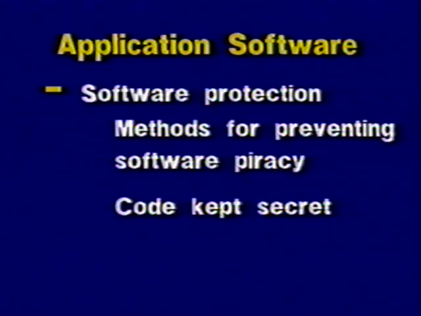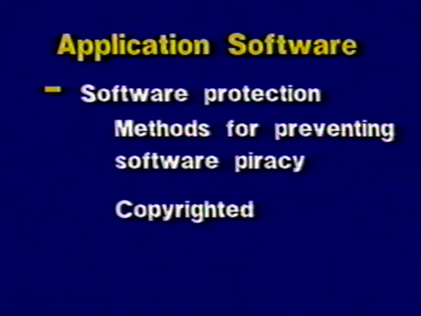One is you can keep the code secret. This is basically done when you're developing or manufacturing the software. You want to keep the source code secret so that that'll prevent competitors from using your proprietary algorithms. Another method is to have it copyrighted, which means that it would be illegal for anybody to copy the software, and if somebody did copy it, then they could be prosecuted under the law.